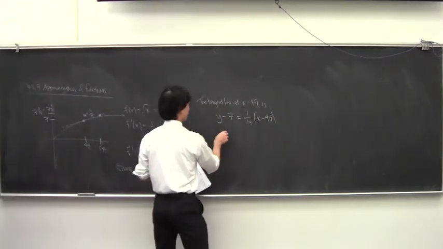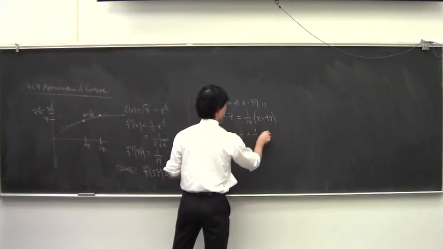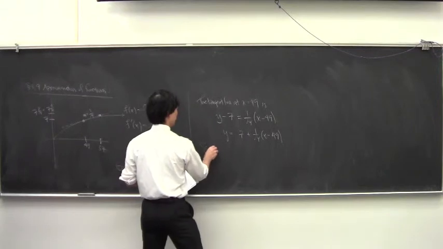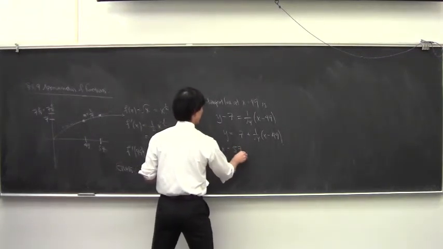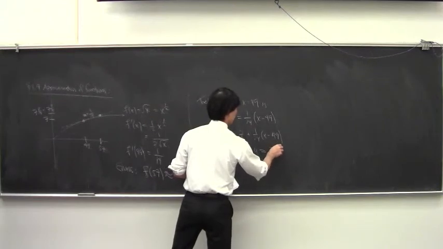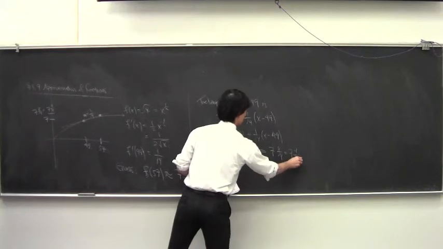Right. So y equals 7 plus 1 over 14 times x minus 49. So at x equals 57, y equals 7 and 8/14. This is 7 and 4/7.